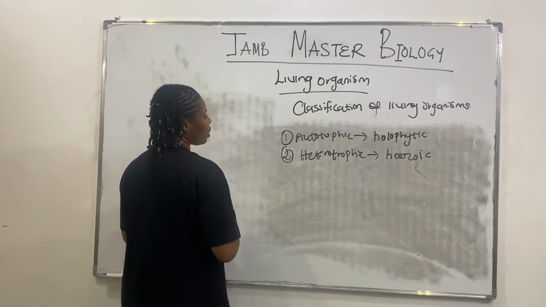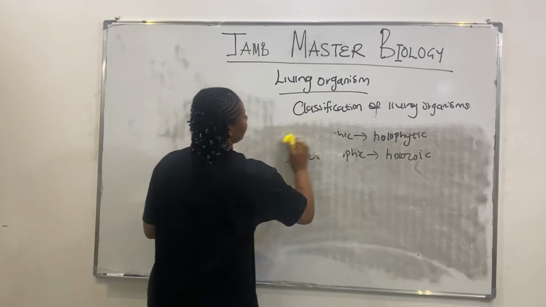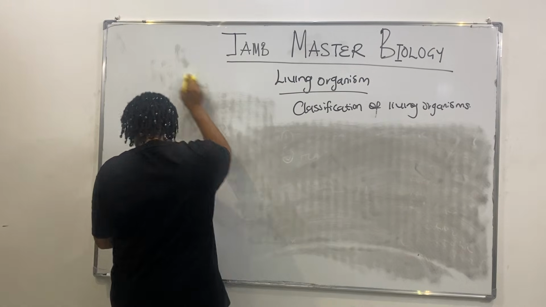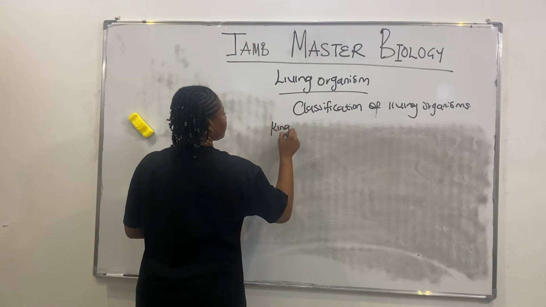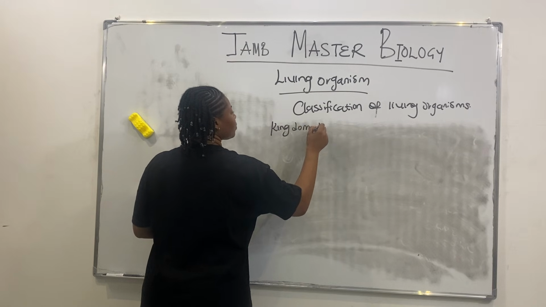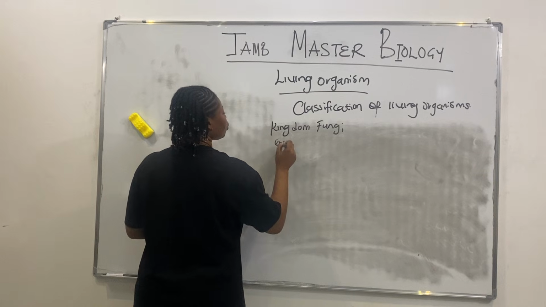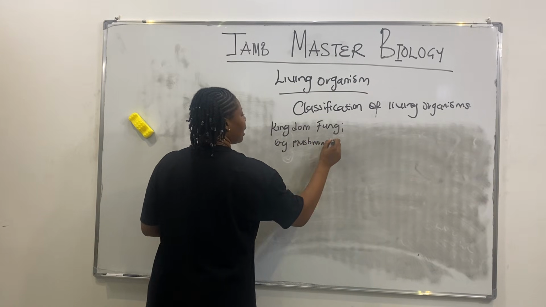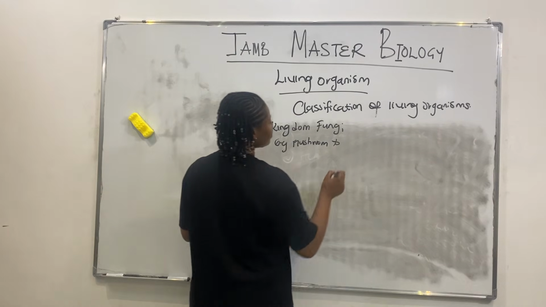So the next thing we are going to be considering is kingdom fungi. Now, examples, we have mushroom and rhizopus.